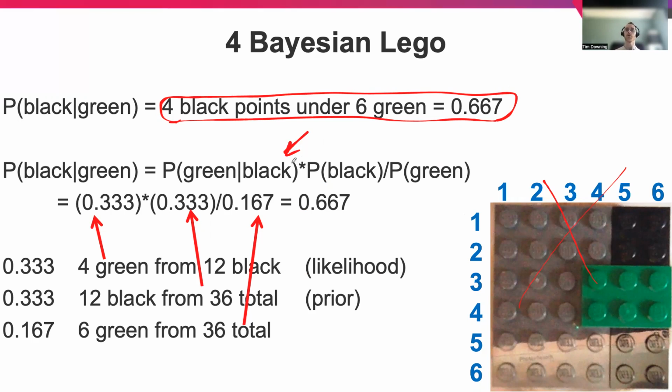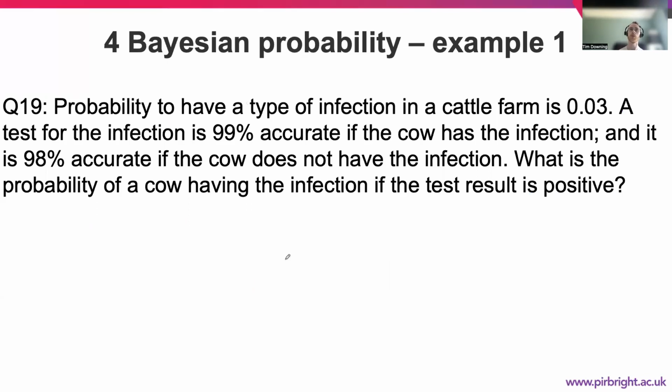Another example of this is something you might have encountered already. These are classical probability questions. We might have a probability of having a type of infection in a farm of 0.03, so we can write that down. The probability of infection is 0.03, and therefore the probability of not being infected is going to be 0.97.